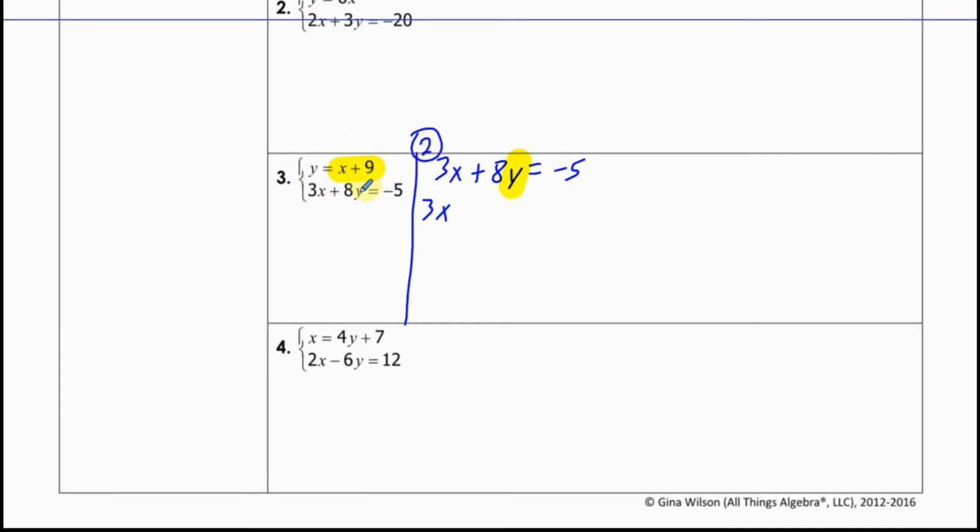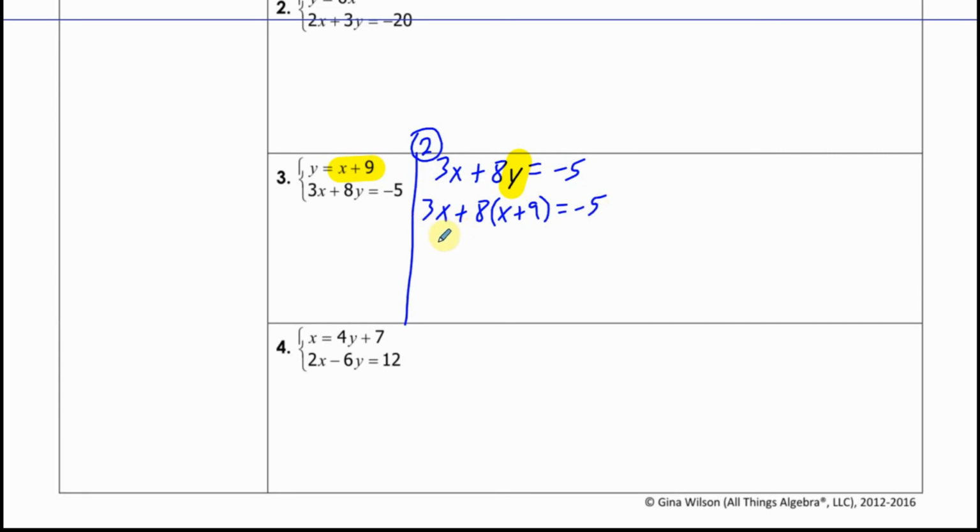Solved it for y, it's actually already solved. And then you substitute it into the other equation. So 3x plus 8. And now in the place of this y, I'm going to put x plus 9. Okay. What do you think I'm going to need here? So I do 8 times all of that, not just 8 times x. Hopefully you said parentheses. Equals negative 5.